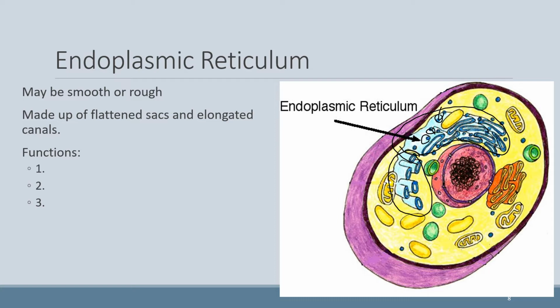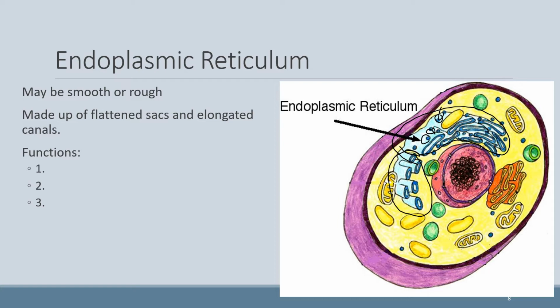The endoplasmic reticulum serves a few different functions. The first function is that it transports molecules throughout the cell through a tubular transport system. The endoplasmic reticulum serves as what is sometimes referred to as the intracellular highway. It's basically like a highway system that allows certain molecules to flow through the cell and travel relatively easily within the structure.